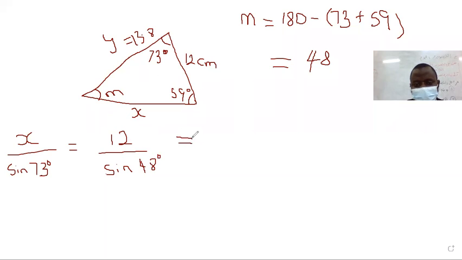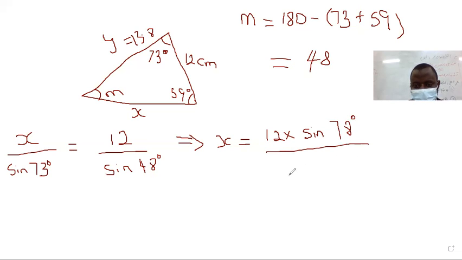Now, this means that my X will be 12 multiply sine 73 divided by sine 48 degree. I'm doing cross multiplication. We did this in the first example, so you now know how to do that.